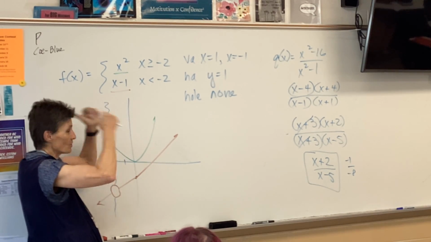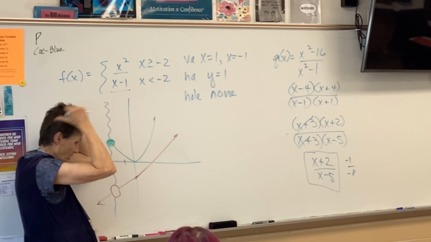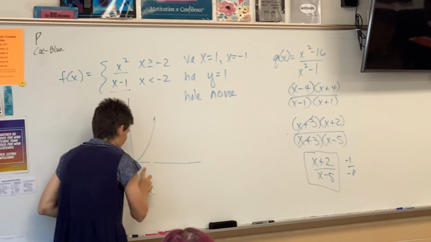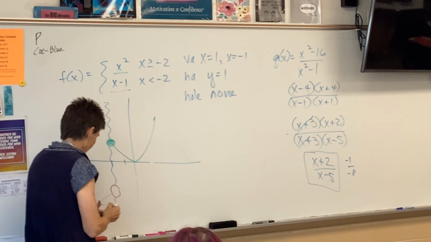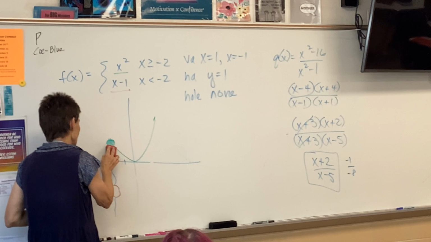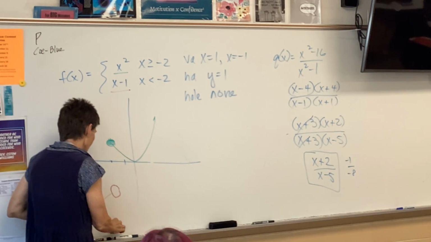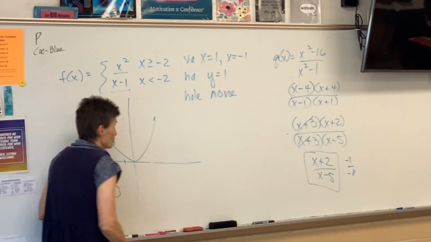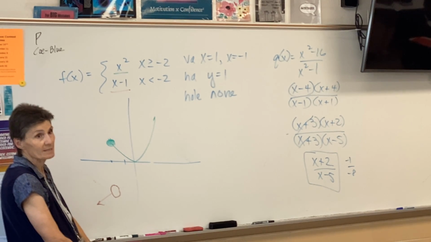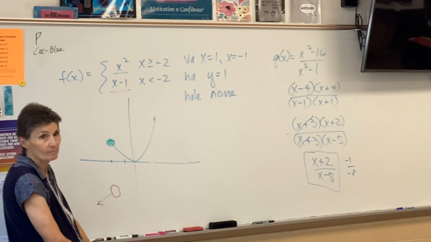The way the arrow's going. The arrow's going that way, so I'm keeping that and getting rid of that. So I'm gonna go ahead and erase my squiggly, but you don't have to. The picture looks better if you erase it, but you don't need to. There it is. The two pieces of your function.